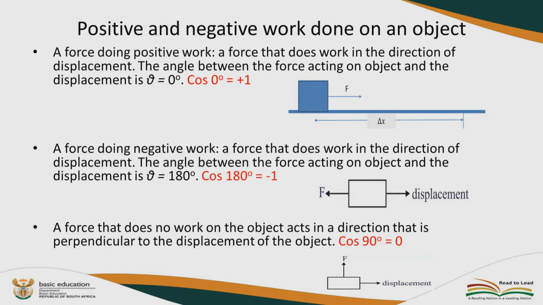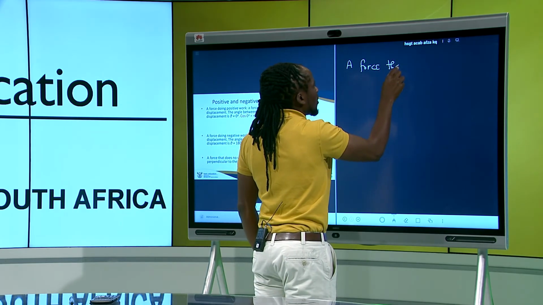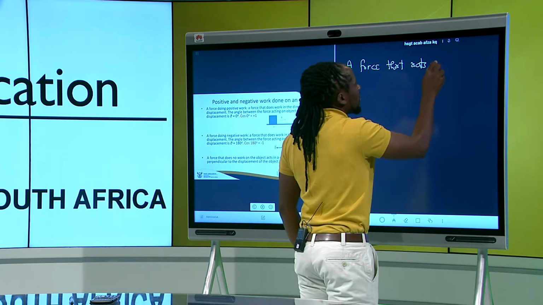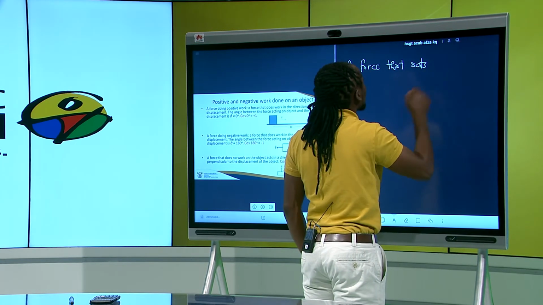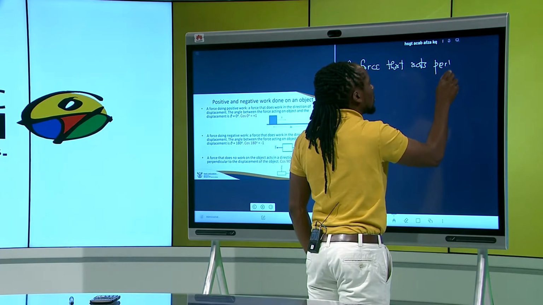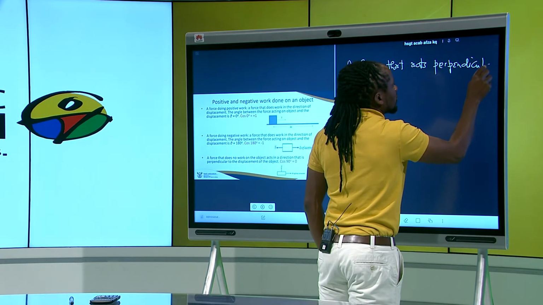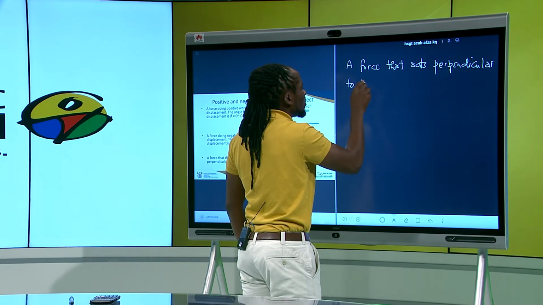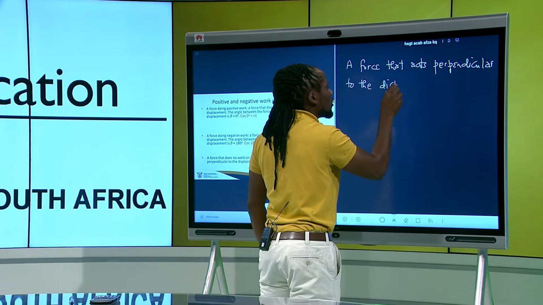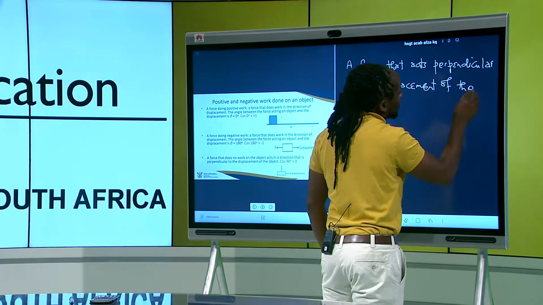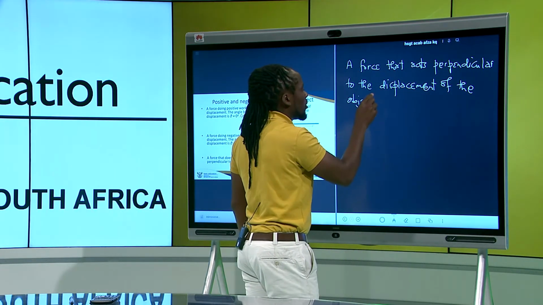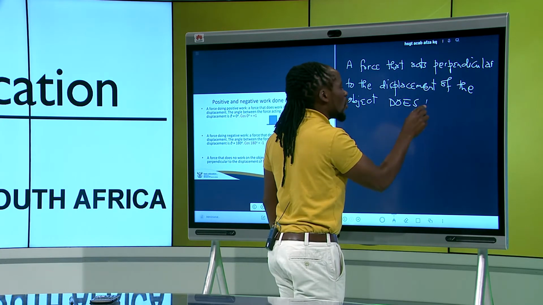So in summary, a force that acts perpendicular to the displacement of the object, perpendicular geometrically, meaning at an angle of 90 degrees, does no work.